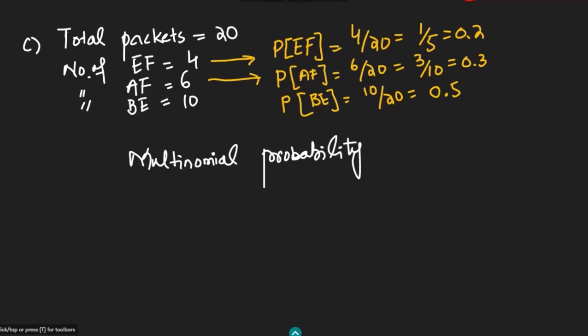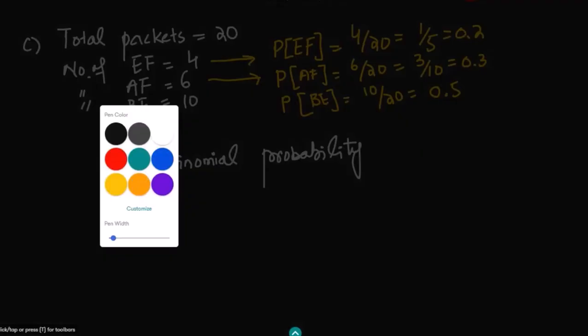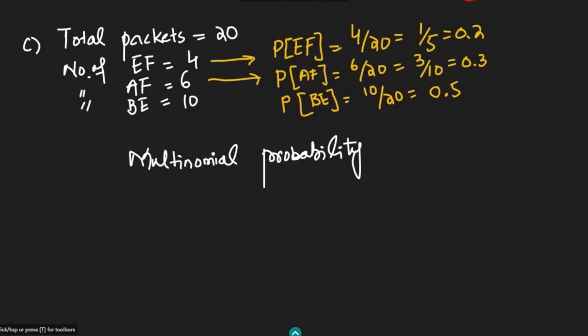Okay, so according to the given data, we have to find out the probability of 4 EF, 6 AF, and 10 BE out of 20.